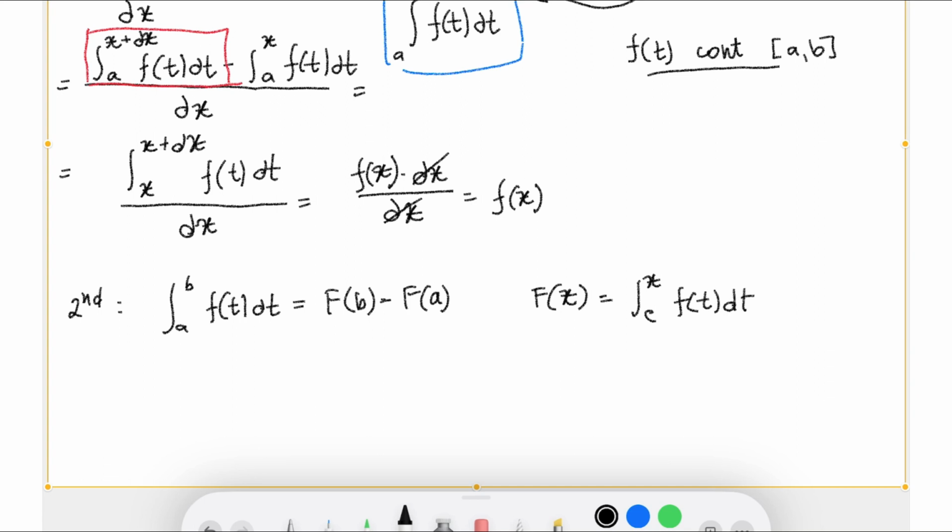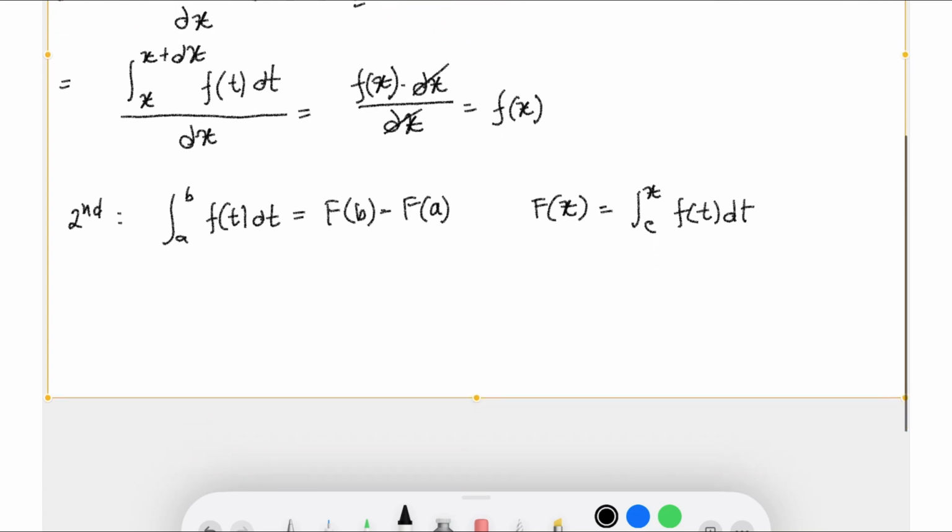So in other words, big F is the antiderivative of small f, and that means when you derive it, you get the small f. But we don't really use this right now.